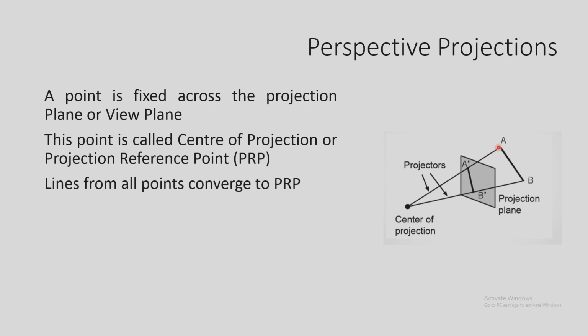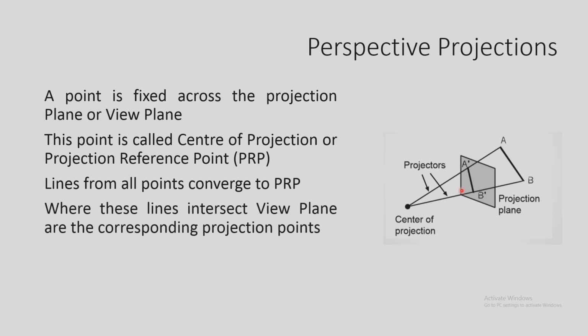So when you are to draw this object on this screen, you take all the defining points and draw a line from this defining point to the PRP. Similarly, another defining point of this line is this, and it is also drawn, a line is drawn from point B to the center of projection or PRP. And these lines intersect the view plane.